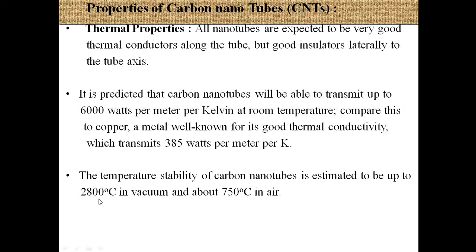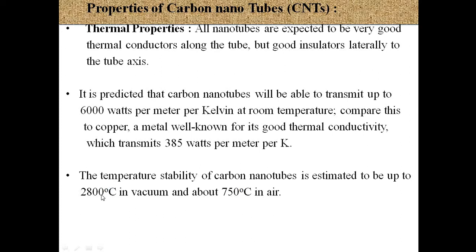Another important property, the temperature stability of carbon nanotube is estimated to be up to 2800 degrees Celsius in vacuum and about 750 degrees Celsius in air. See how much temperature this carbon nanotube can sustain. In air up to 750 degrees Celsius and in vacuum up to 2800 degrees Celsius.